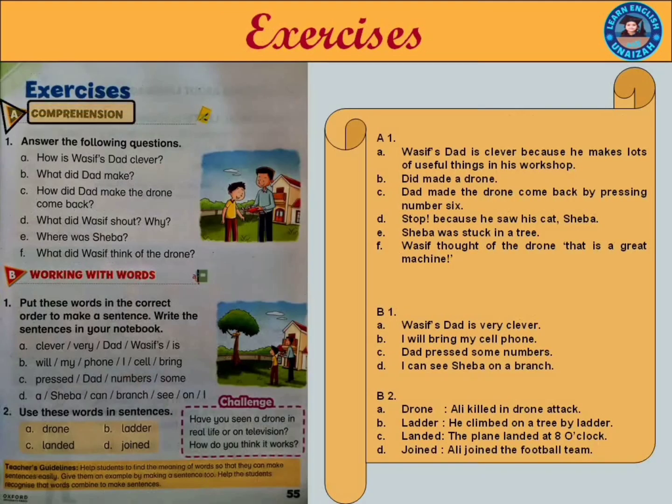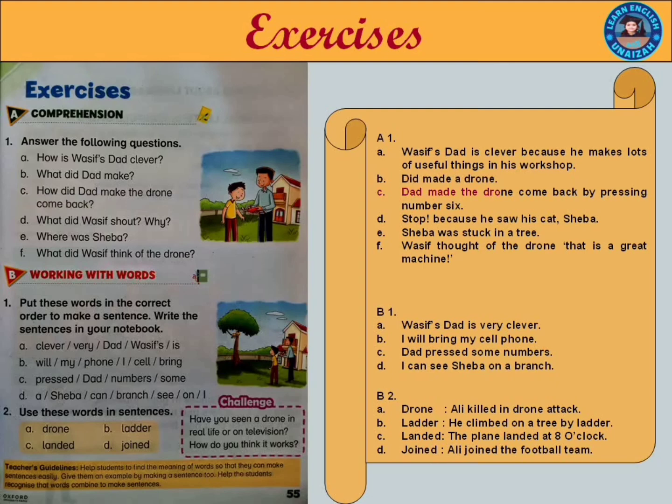Exercises. A. Comprehension. 1. Answer the following questions. How is Wasif's dad clever? Wasif's dad is clever because he makes lots of useful things in his workshop. What did dad make? Dad made a drone. How did dad make the drone come back?